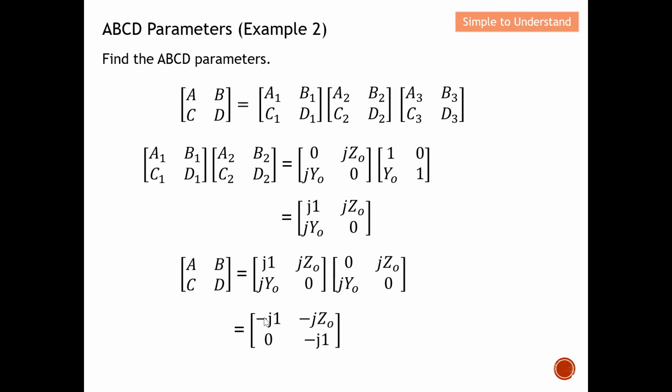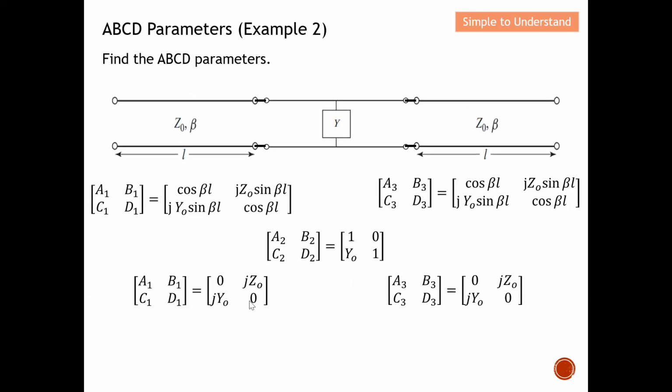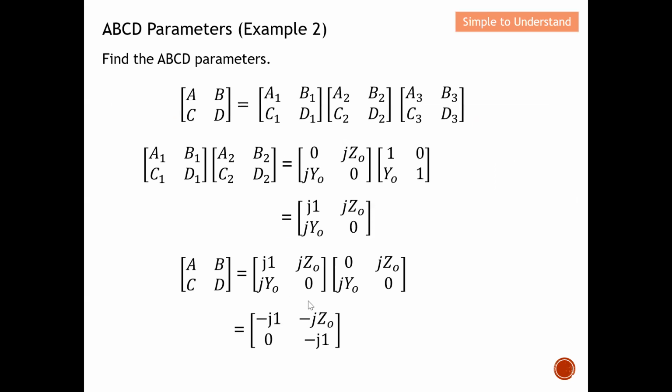So this will be -1, minus Z0, 0, and -1. So this will be the overall effect of the ABCD for the whole of these three things connected together. Again, I have made some mistakes. So this is how we can find the overall ABCD parameters. Guys, I'm sorry. Please take note of the mistake that I made over here.